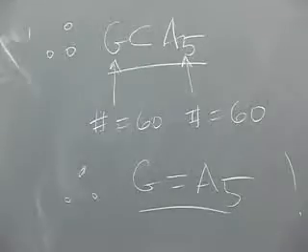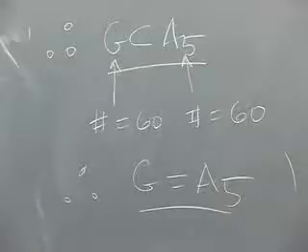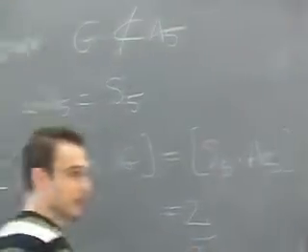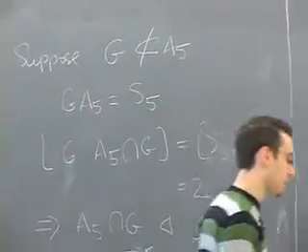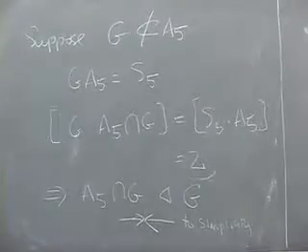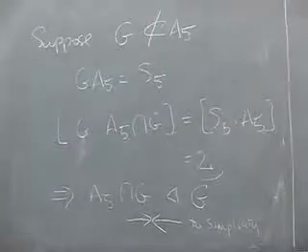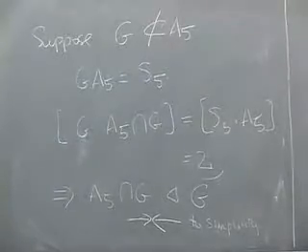Yeah? So for that last step, we're pretending we've already proven that A5 is... Yeah, so A5 is just normal. Well, what you need is this thing to show that it's normal. I mean, you know that A5 is normal in G. It's the kernel of a homomorphism. But there is a bit of an issue with this. This could be, in some sense, a contradiction.